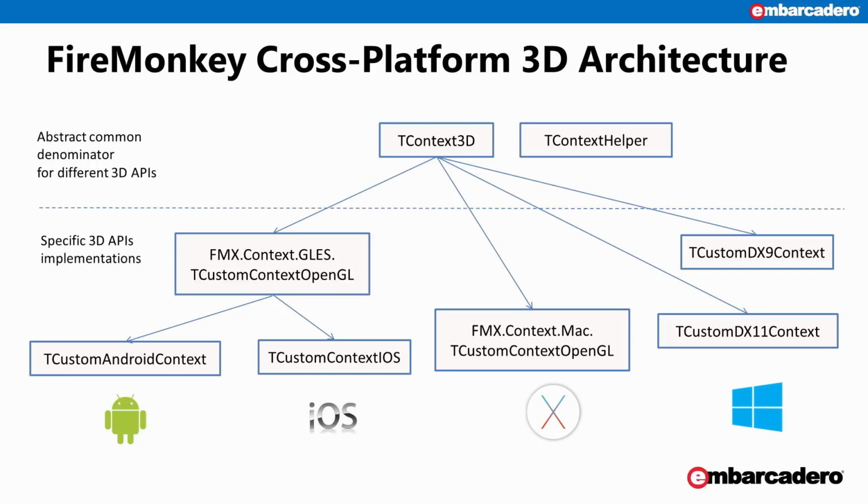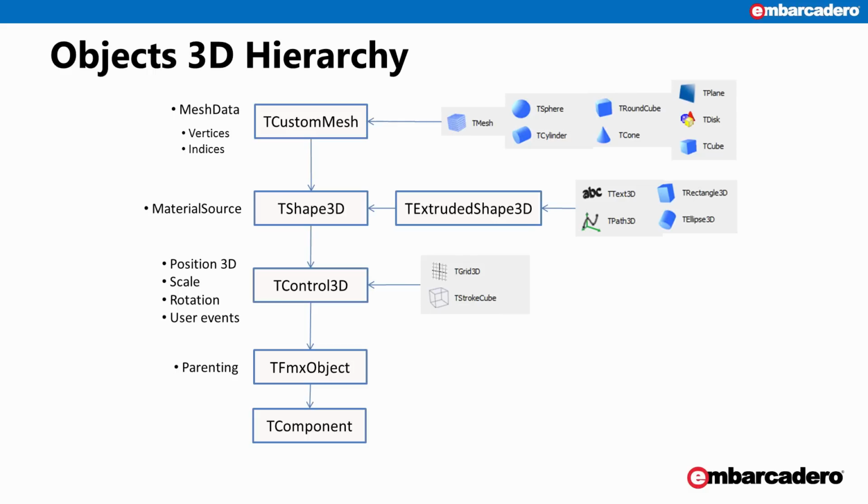So the important thing to understand is the 3D objects hierarchy. FireMonkey in both Object Pascal and C++ Builder provides a set of components that makes it possible to create fully functional 3D applications without spending a lot of time on coding.